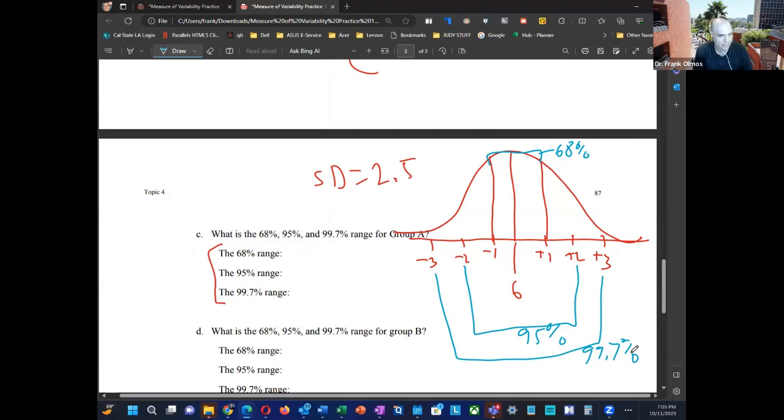Let me show you how to do that. You know the mean is 6 for this distribution. From one standard deviation below to one standard deviation above the mean, you get 68%. So you add one times 2.5 to 6, which gives you 8.5.